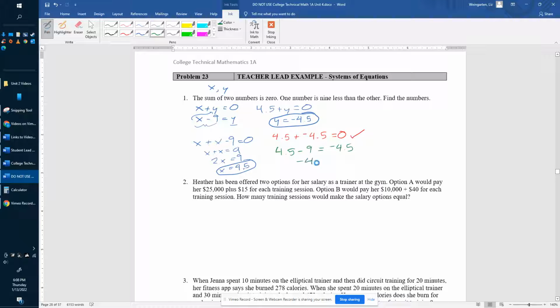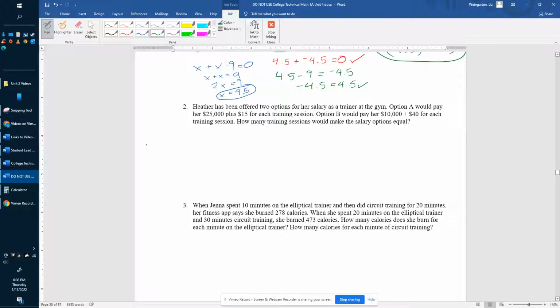That is true. So our solution is 4.5, negative 4.5. Those are the two numbers.